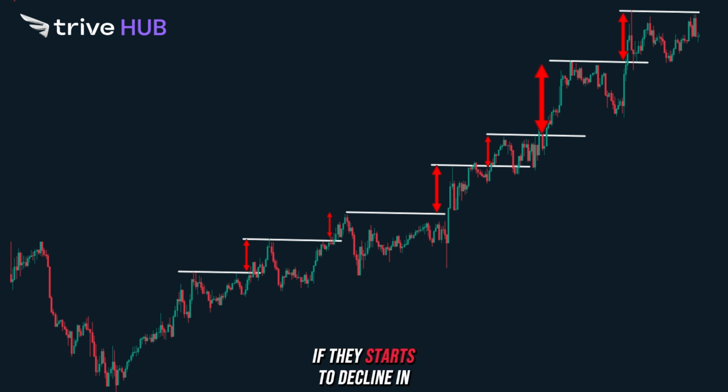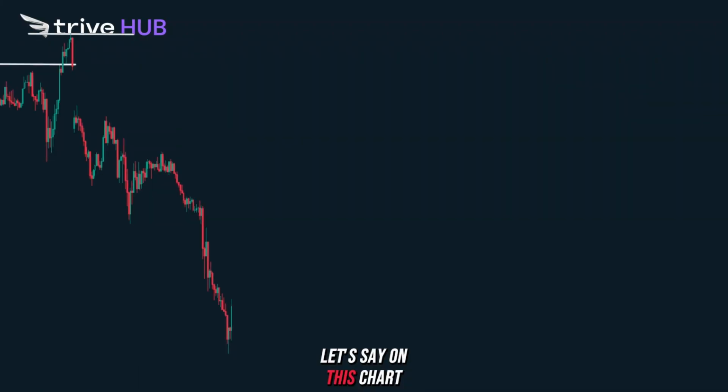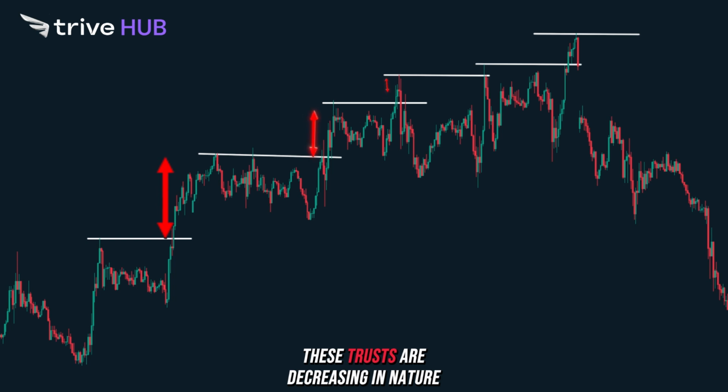If they start to decline in the near future, let's say on this chart where these thrusts are decreasing, it shows us a weakening of this uptrend, and we might see a good reversal from this trend.